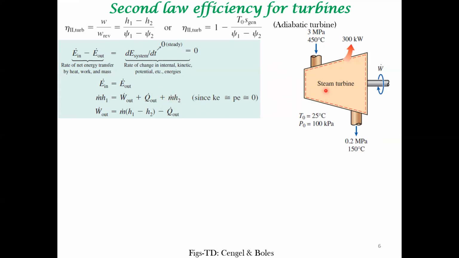And typically you neglect changes in kinetic energy and potential energy, because these terms are much smaller compared to all other terms. So the work output here is this term. Note here we are looking at shaft work from a turbine. So this is the appropriate expression for the power output from the turbine.